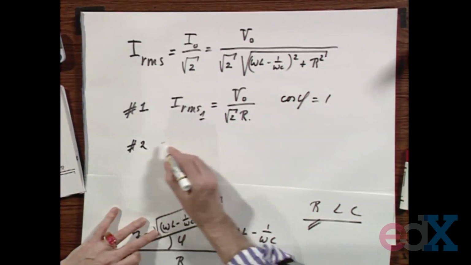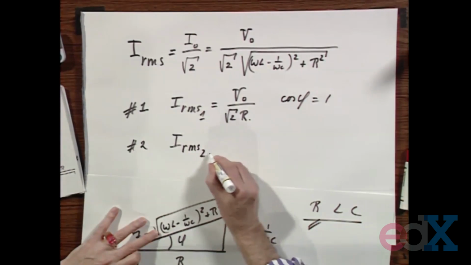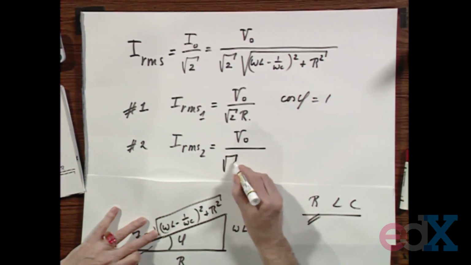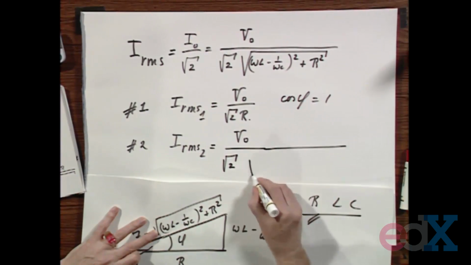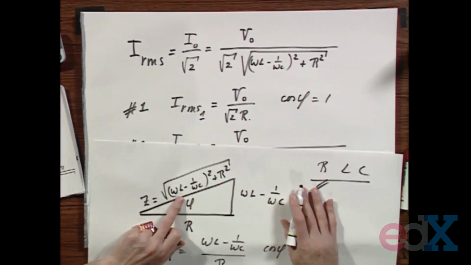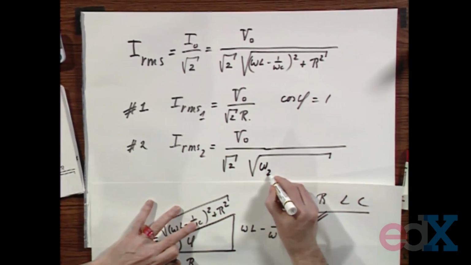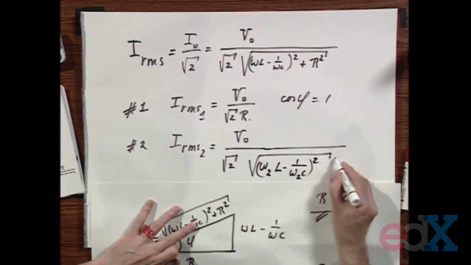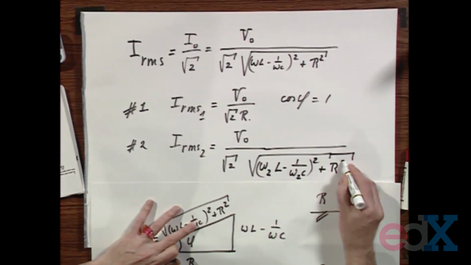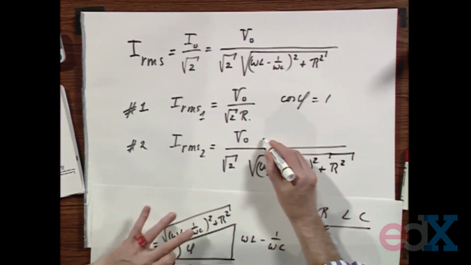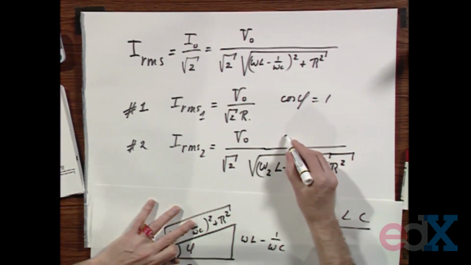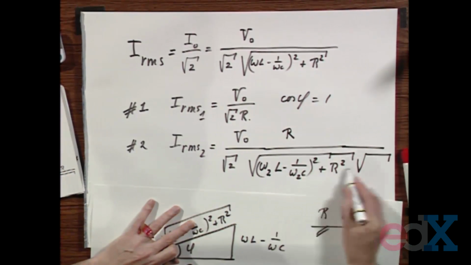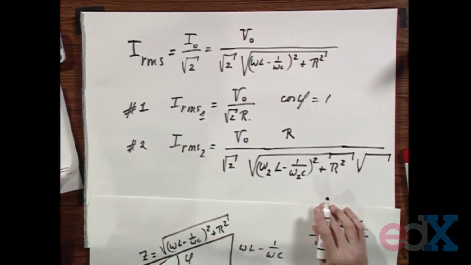If I now go to station number 2, I RMS for station number 2 equals V0, and we have assumed that the V0s are the same, over square root of 2, and now I get this square root, which is omega 2 L minus 1 over omega 2 C squared plus R squared. But I also must multiply by the cosine of phi. And the cosine of phi equals R divided by that same square root. So the square root occurs twice.